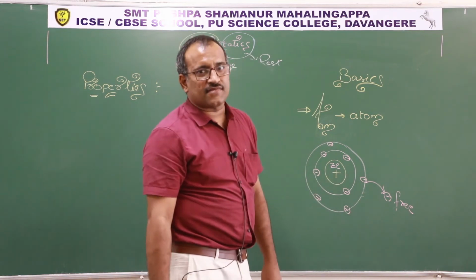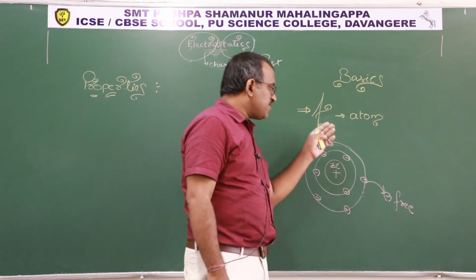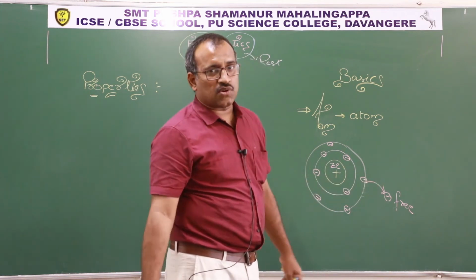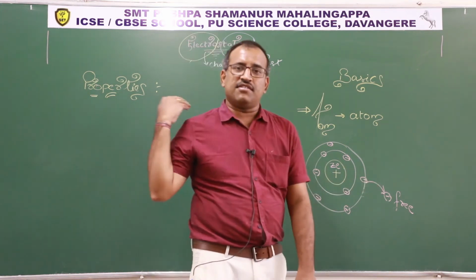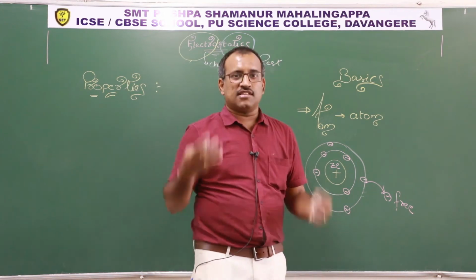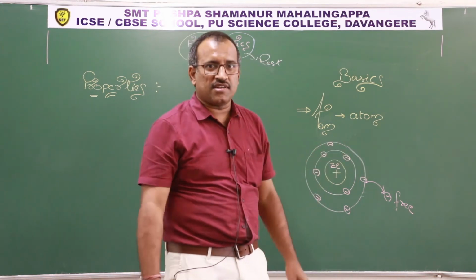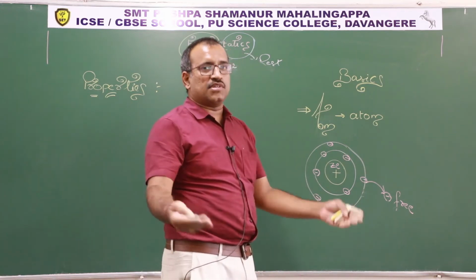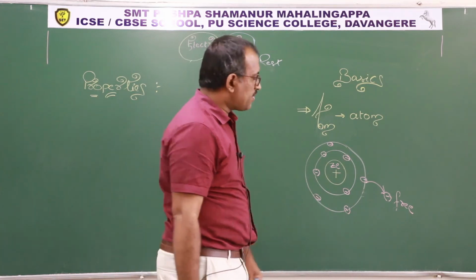Then obviously this free electron will come out and play a major role. That is why current, that is why the online world, everything is going on. The flow of electricity did everything for us.